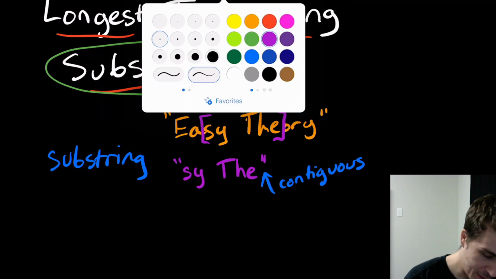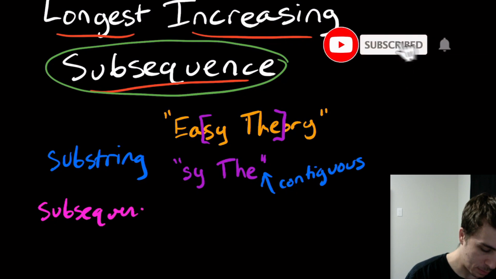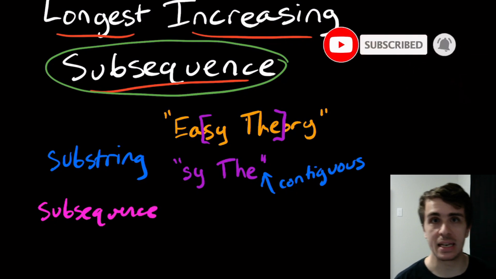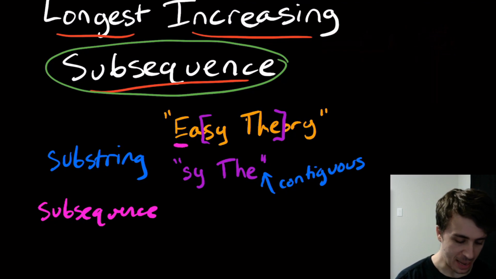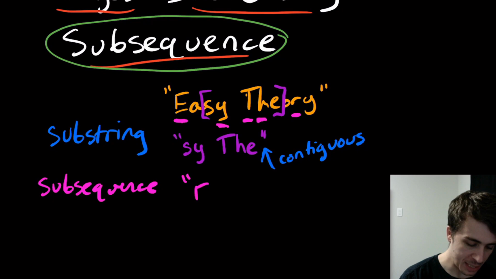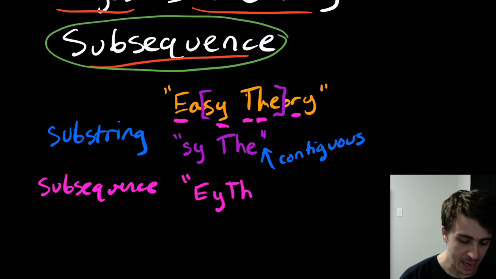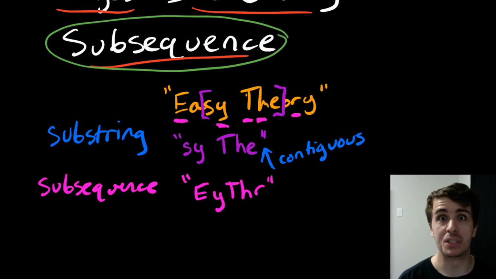Then a subsequence is exactly the same idea, but it doesn't have to be contiguous anymore. Let's say I take the capital E, the Y, the T, H, and then the R. That string, capital E, Y, T, H, R, is a subsequence.